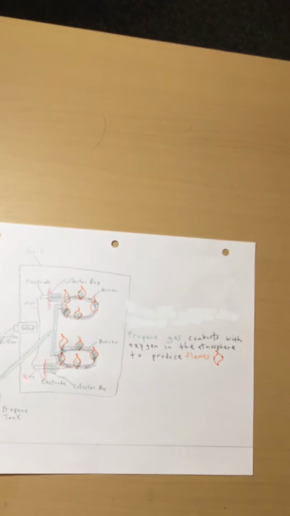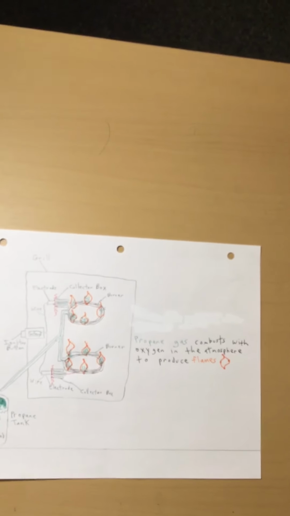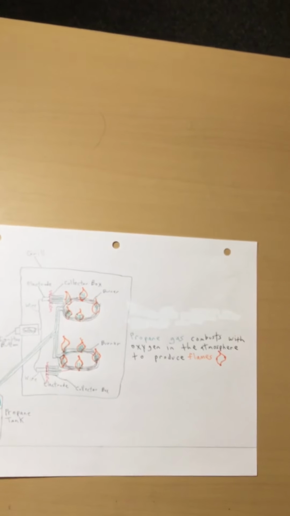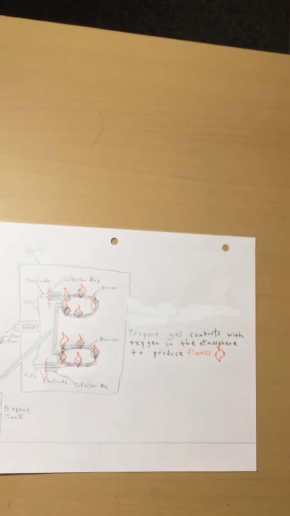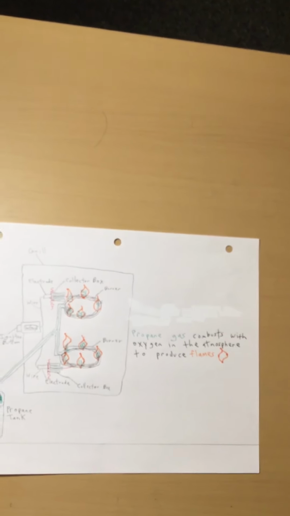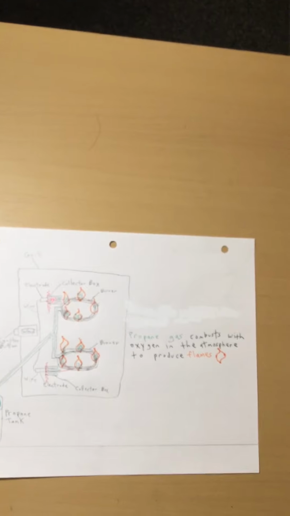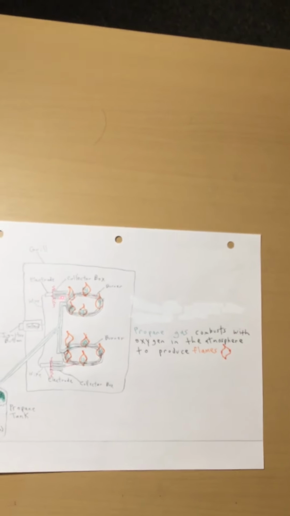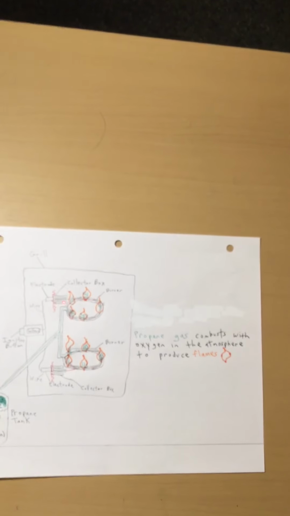So right here and right here. And then this spark lights up the propane gas that's collected in the collector boxes. Now, this causes the propane gas to light up inside the collector boxes.